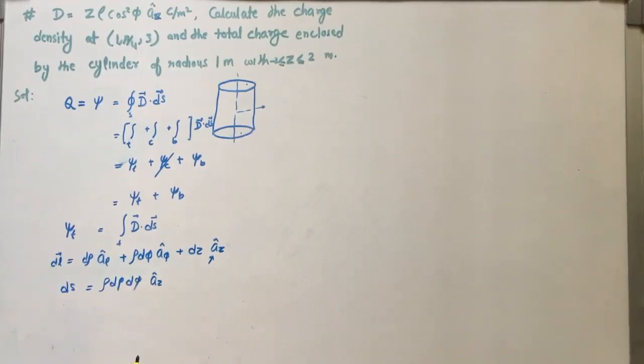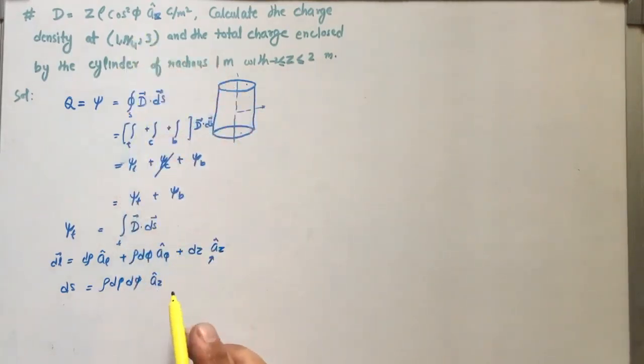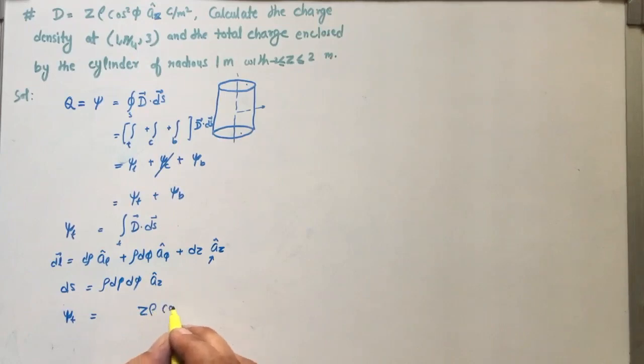Okay, hopefully it is meaningful. So put the value of dS here, and D from here. So the flux from the top surface will be equal to the integral of z rho cos square phi rho d phi.